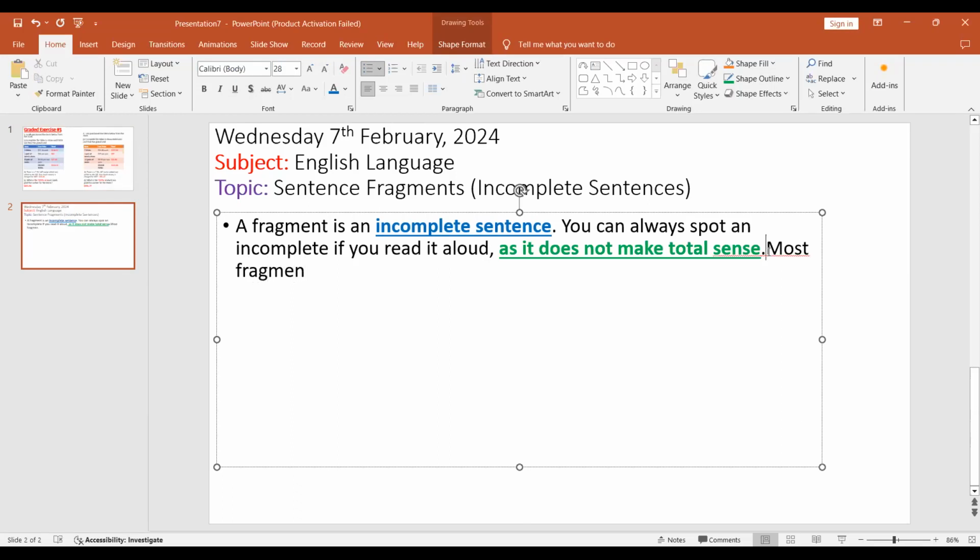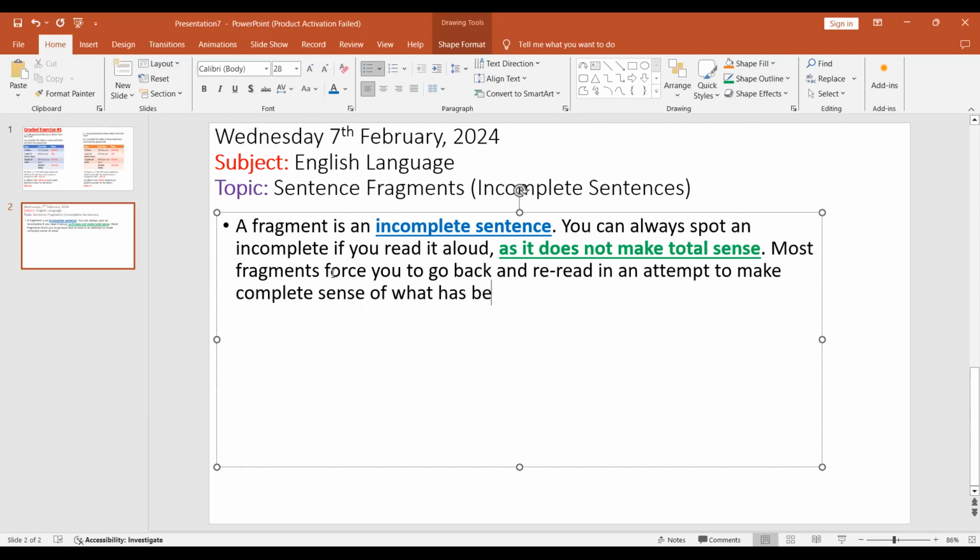Yes, you can. Most fragments, and this is how you know it's a fragment as well, most fragments force you to go back and reread in an attempt to make complete sense of what has been written.